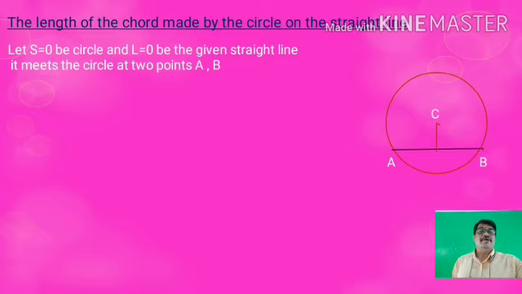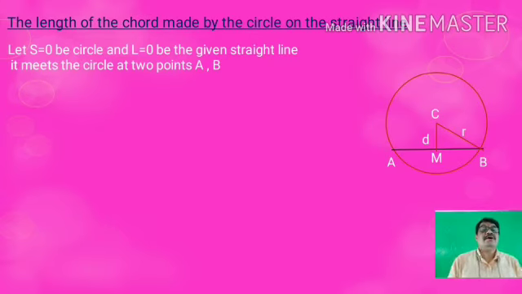Now draw the perpendicular from the center to the chord AB and join the center to the point B. Now here CB is the radius. That is, the center to the point on the circle becomes a radius. Now we have to find CM, the perpendicular distance from the center to the chord.